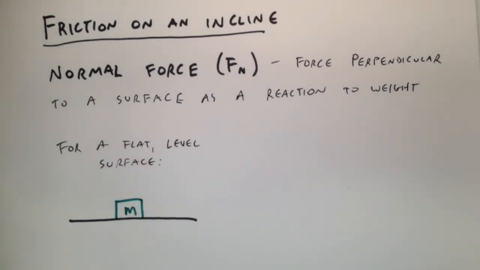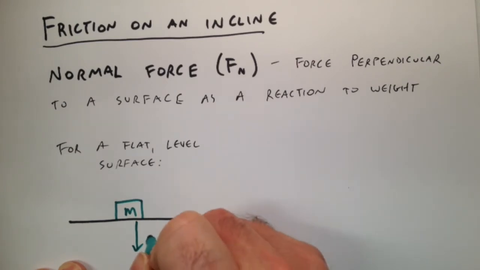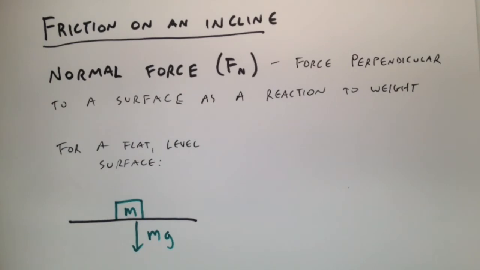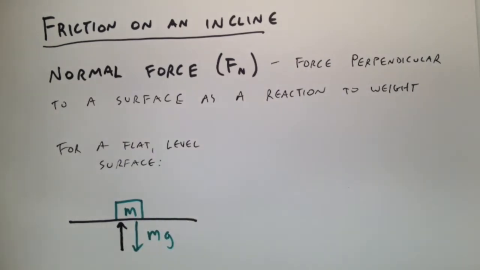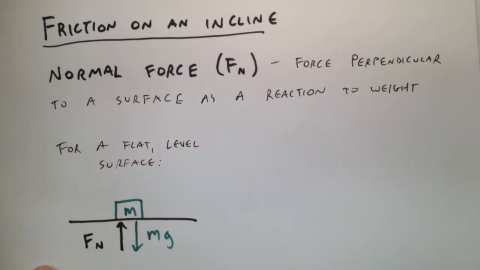The weight of this object is downwards, and the weight is equal to mg. The equal and opposite force is what keeps it from breaking through the surface. That would be in the opposite direction with the same magnitude. But this time, it's the normal force.